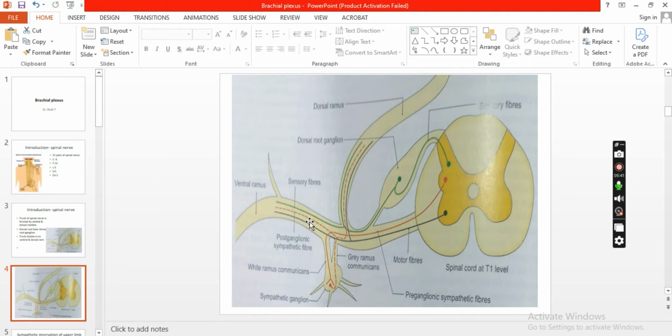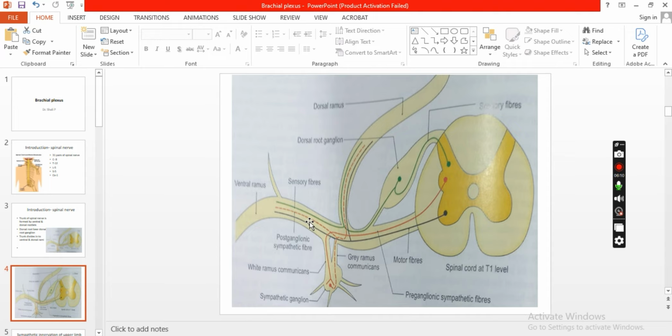The ventral rami in the thoracic region continue as the intercostal nerves, which supply the intercostal muscles and a strip of skin over it. The lower 6 intercostal nerves, after supplying the corresponding intercostal spaces, enter the anterior abdominal wall and supply the muscles as well as the skin on its anterior aspect.